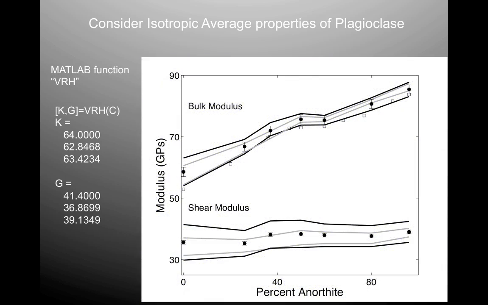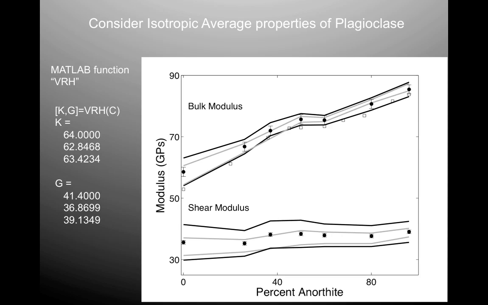We can apply Voigt-Reuss-Hill averaging to the elastic constants determined for the plagioclase series feldspars, and I plot here values of bulk modulus and shear modulus as a percent anorthite, going from albite on the left to anorthite on the right. The black circles with error bars represent the elastic constants that we measured from the surface wave constrained by the compliance data.